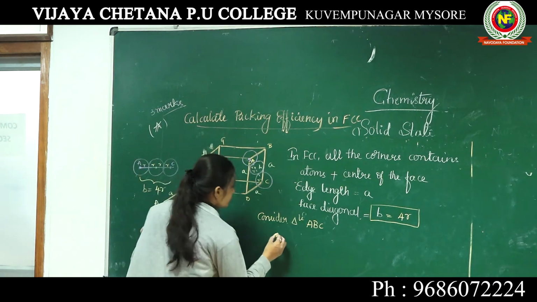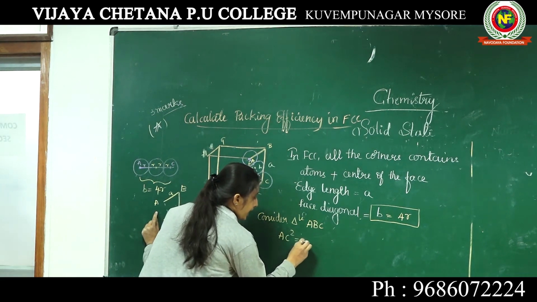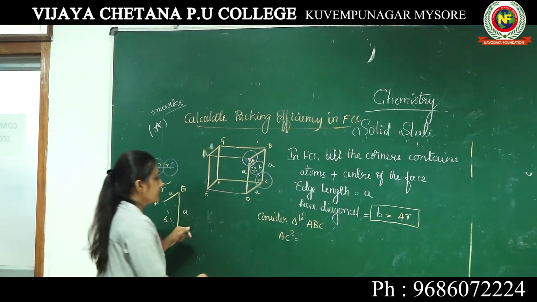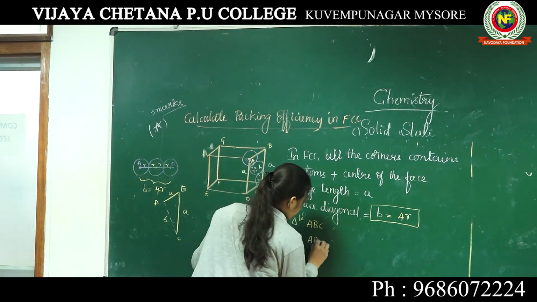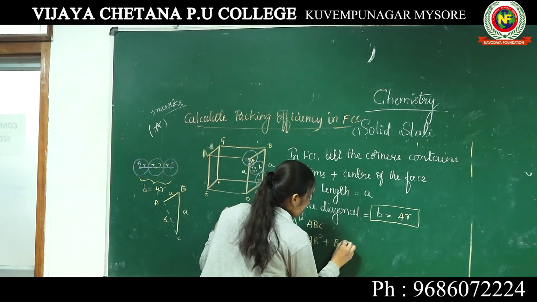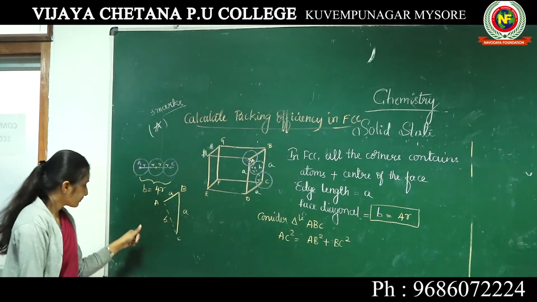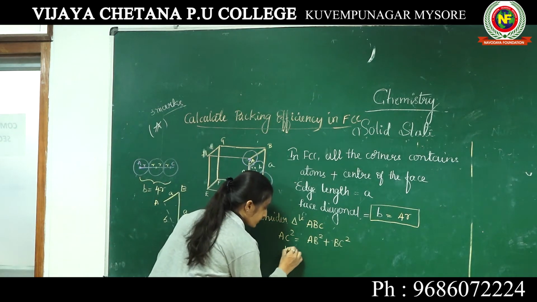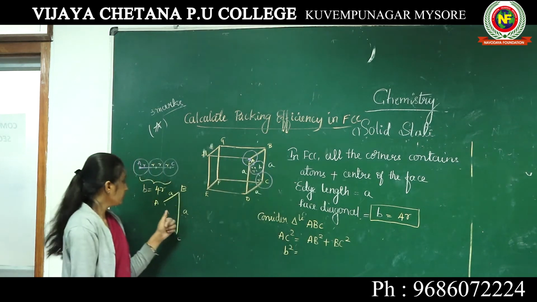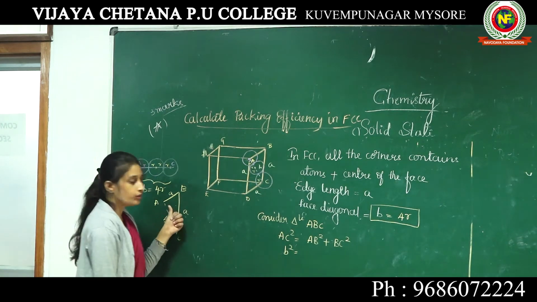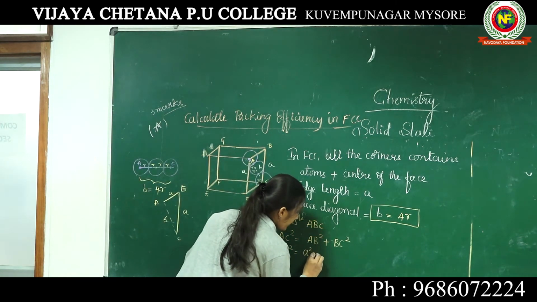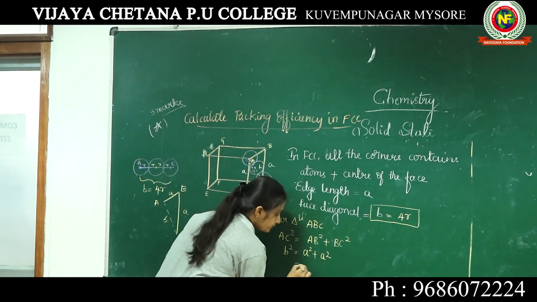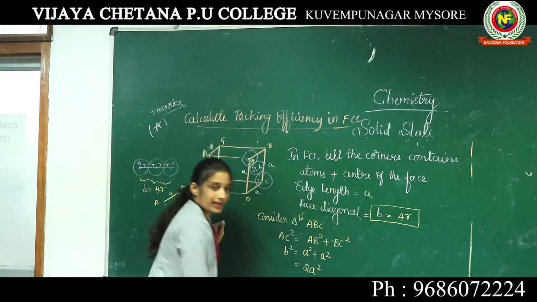What is the Pythagoras rule? Hypotenuse square is equal to opposite square plus adjacent square. AB square plus BC square. AC square is nothing but b square. b square is equal to AB square, that is a square plus a square, so 2a square.